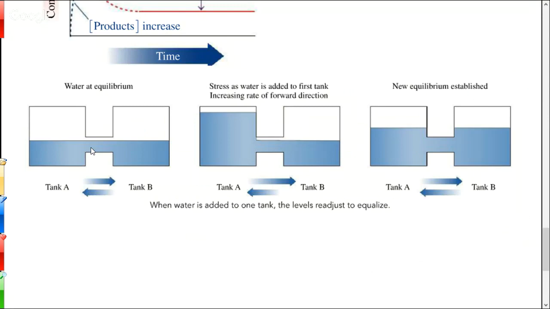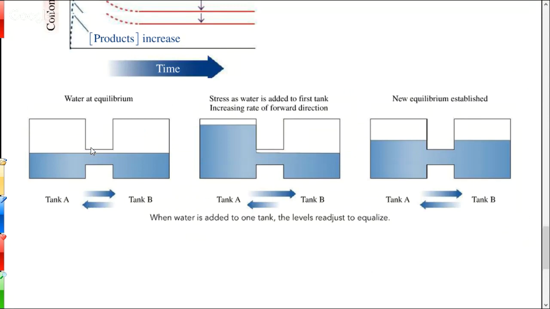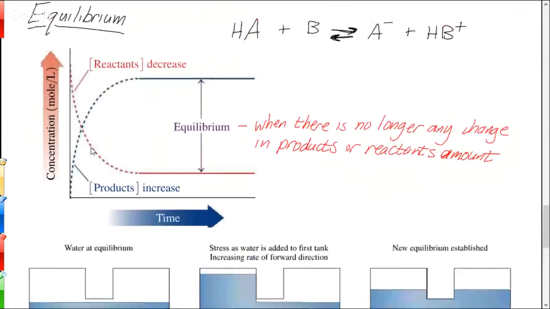And the same thing happens in a chemical reaction. So if we look at that reaction on the top, this thing is at equilibrium, and then we add more HA, we add more reactant. Well, the whole system has to compensate for that.